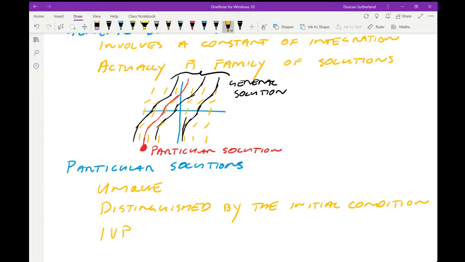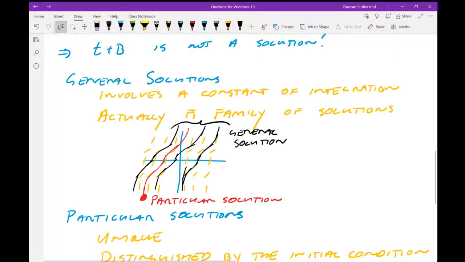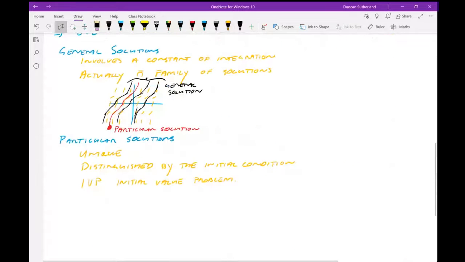You need an IVP, an initial value problem, to extract this particular solution. Okay. General solutions, particular solutions. So I'm going to give some examples now.